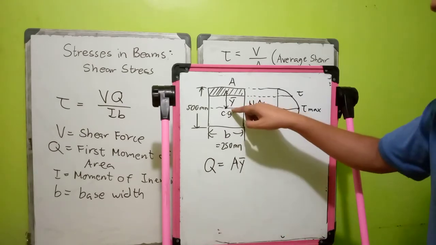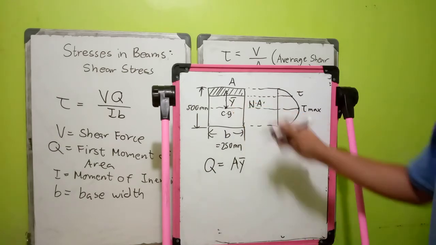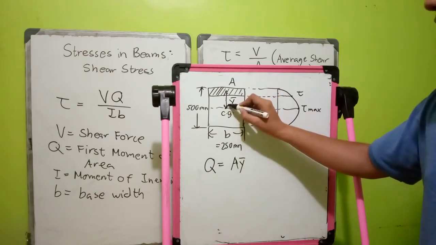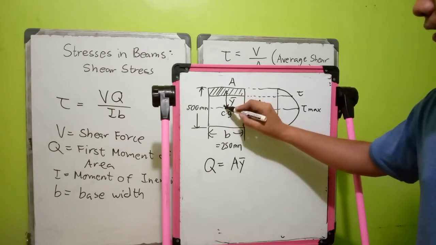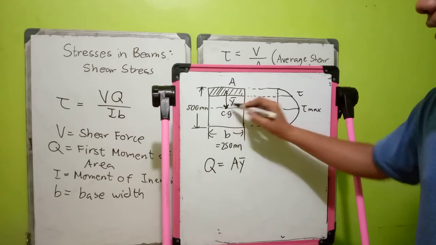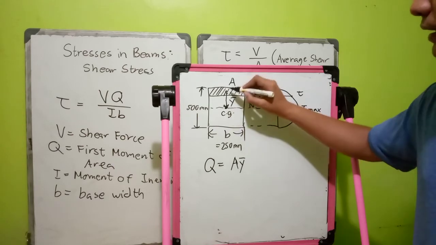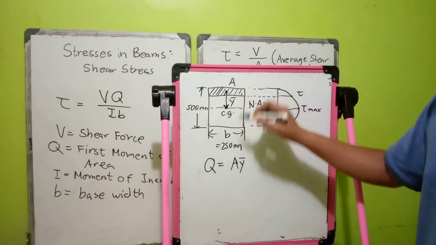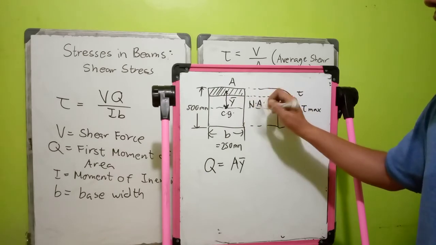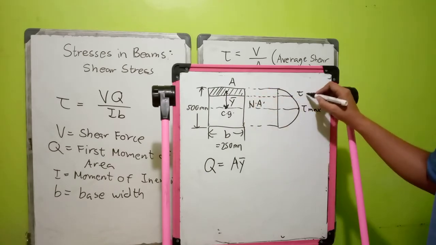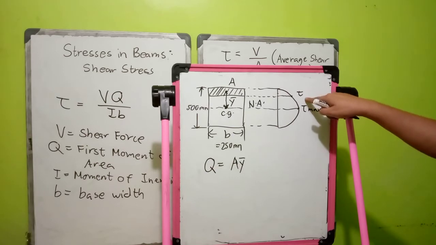From that neutral axis, you draw a vertical line to the centroid of this area, in which the bottommost part of that area corresponds to your shear.